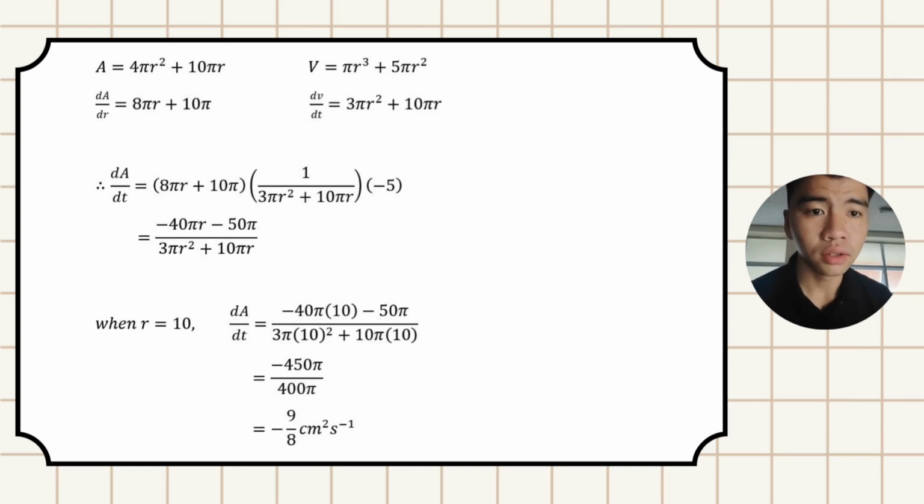Substitute the radius into it and we'll get 10, minus 50 pi over 3 pi times 10 squared plus 10 pi multiplied by 10. We will get the answer negative 450 pi over 400 pi. We will simplify it into negative 9 over 8 centimeters squared per second. That will be the final answer.